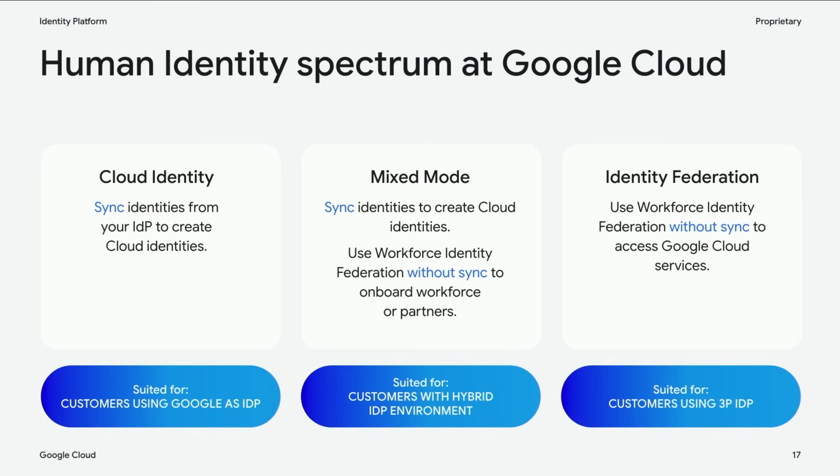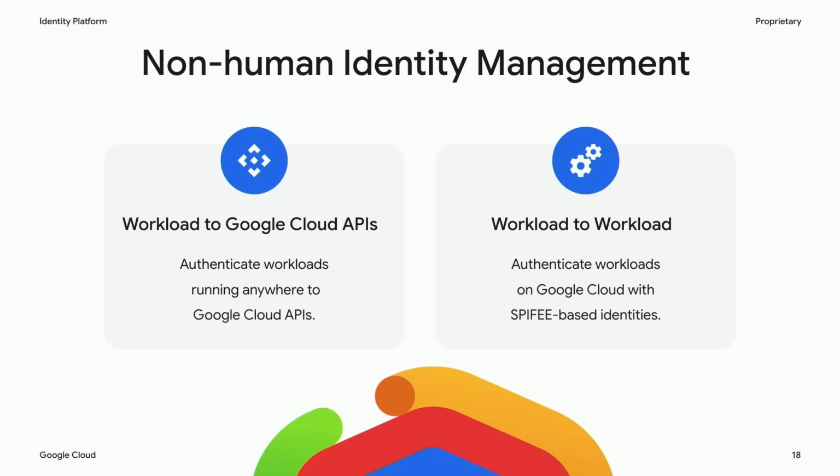But we also realize that many of you may want to have some of your identities synced and some of the identities not synced. Therefore, we allow you to operate even in mixed mode. This gives you a full breadth of capabilities for identity management on Google Cloud.